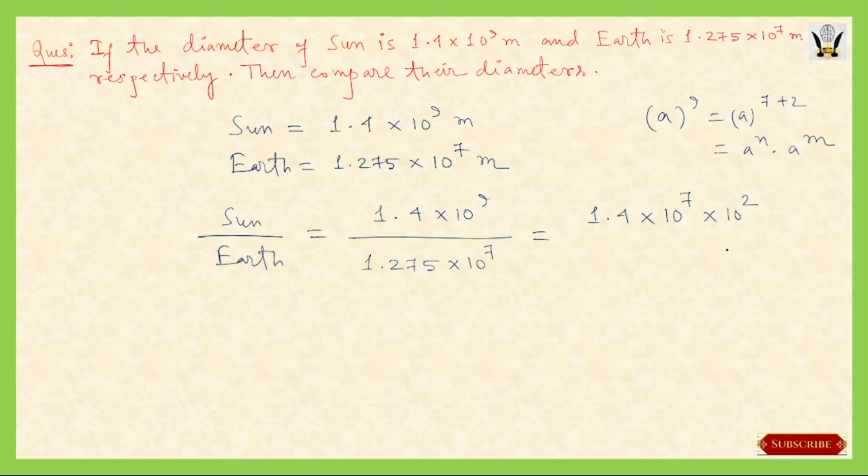So 10 to the power 7 multiplied by 10 to the power 2.